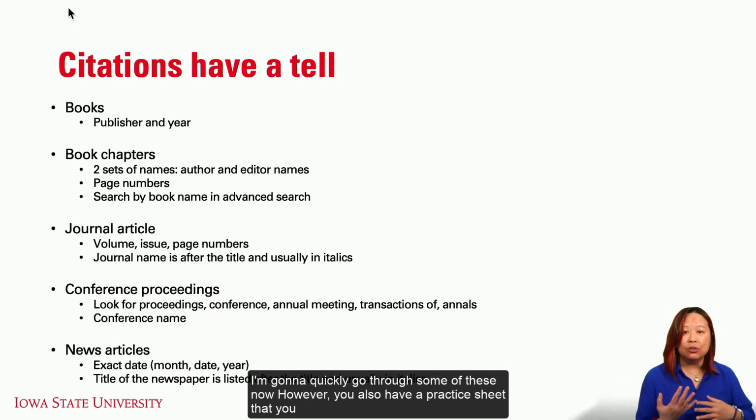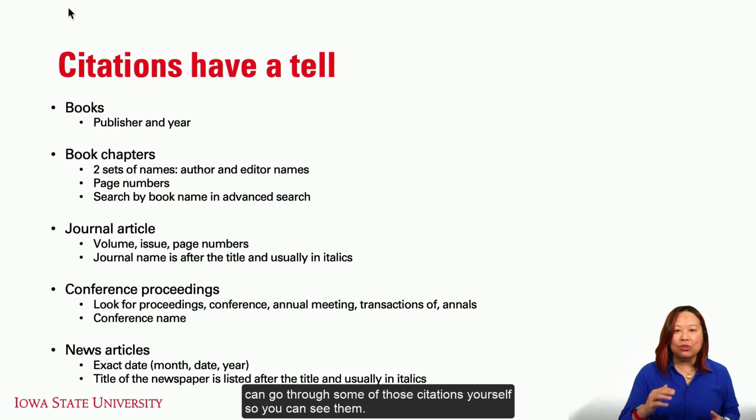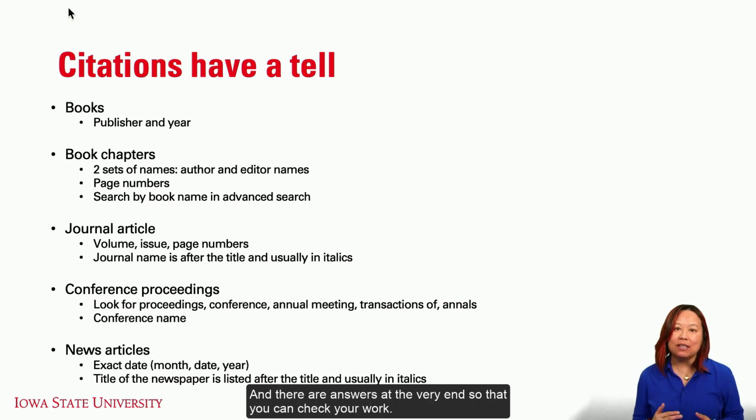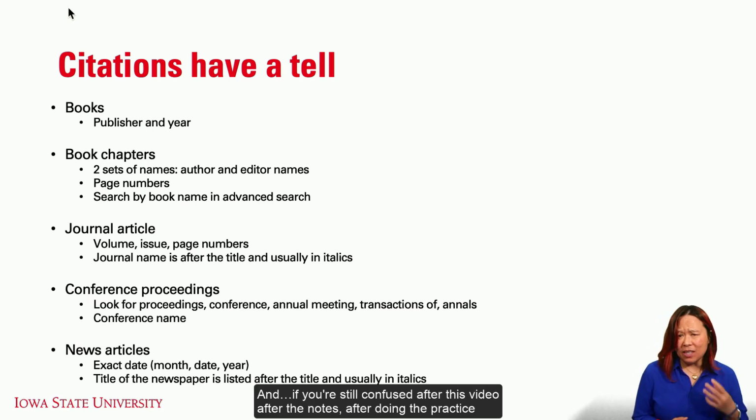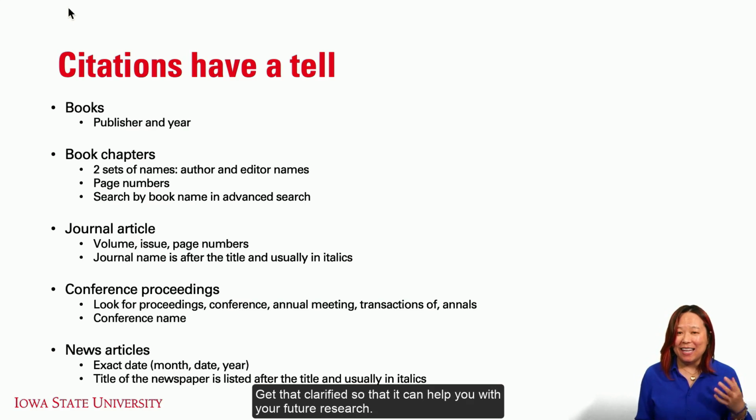I'm going to quickly go through some of these now. However, you also have a practice sheet that you can go through some of those citations yourself so you can see them. And there are answers at the very end so that you can check your work. And if you're still confused after this video, after the notes, after doing the practice sheets, please don't hesitate to come to one of us, ask questions, get that clarified so that it can help you with your future research.